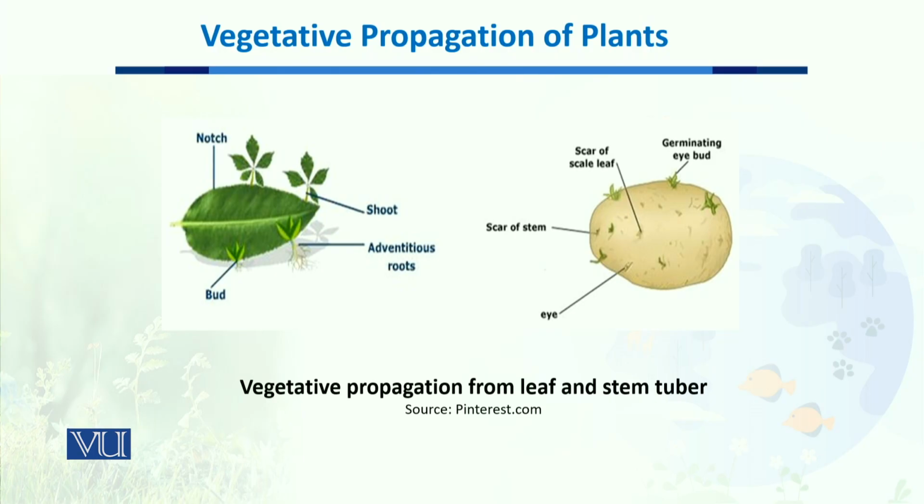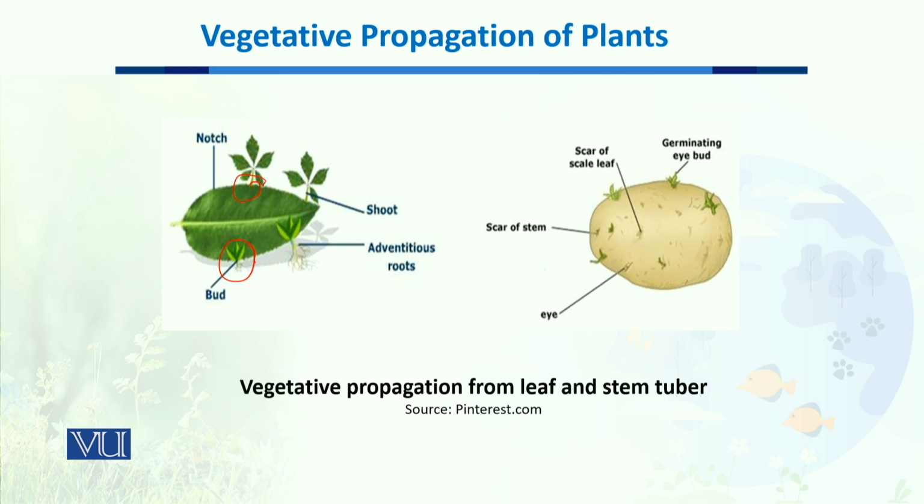As you can see here in this diagram, certain parts of the plants, such as the leaf of these plants, can be used to grow roots and shoots, which can be cut from the parent plant, put into the soil, and grown independently.